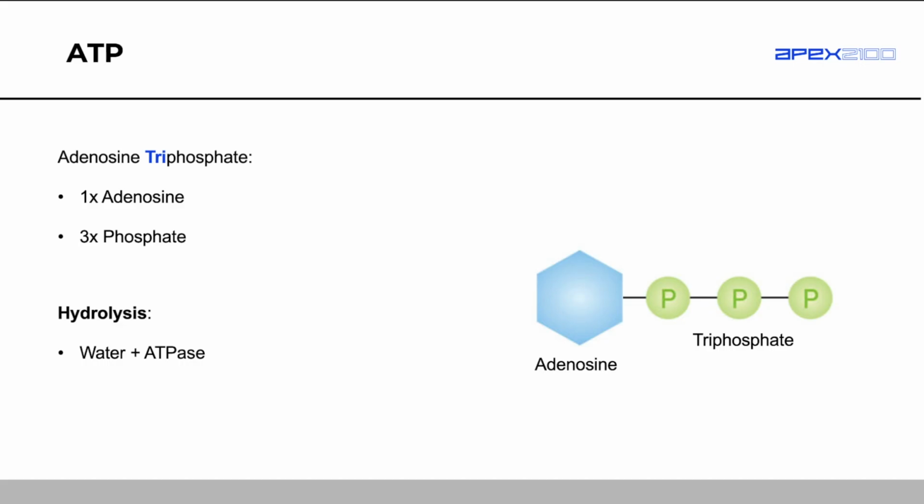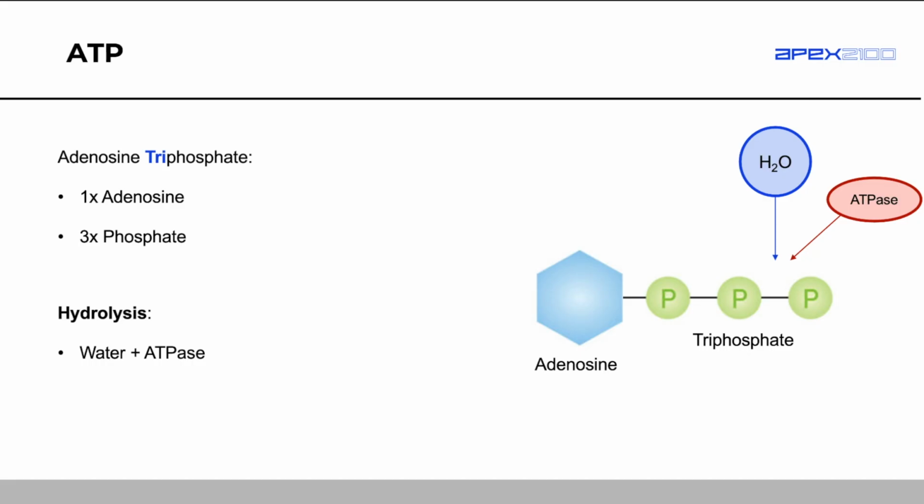Easy to remember because triphosphate, right? Tri means three phosphates. Now, there is a very important process called hydrolysis, which is where we will use water and an enzyme called ATPase.